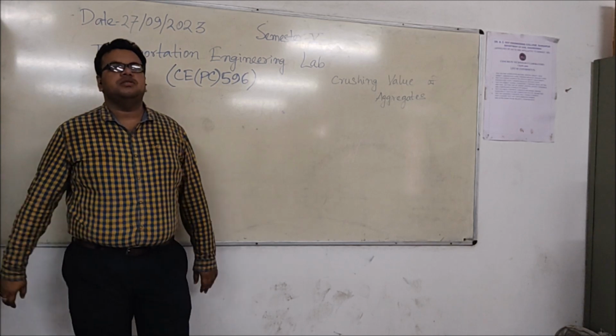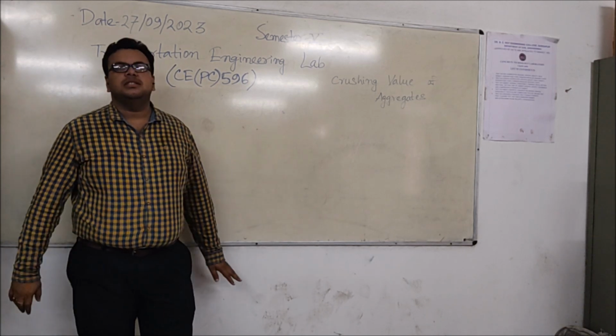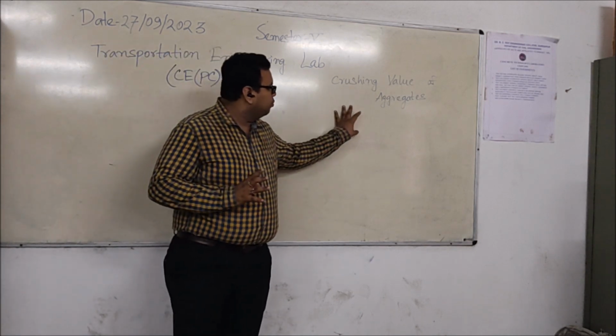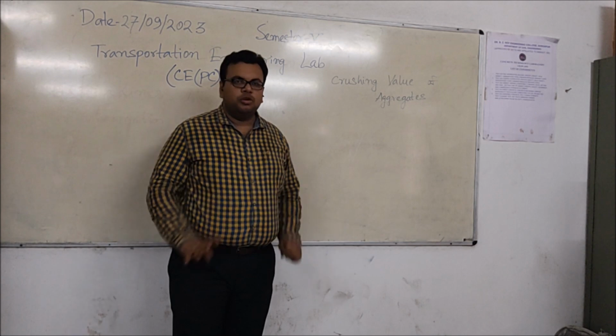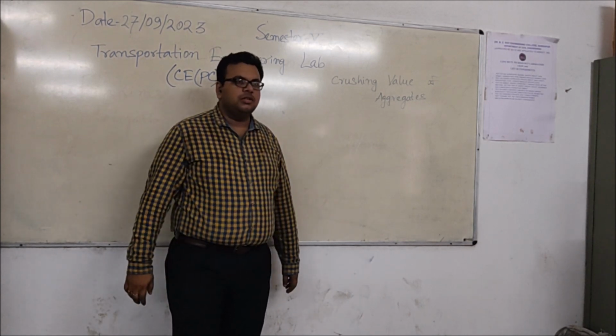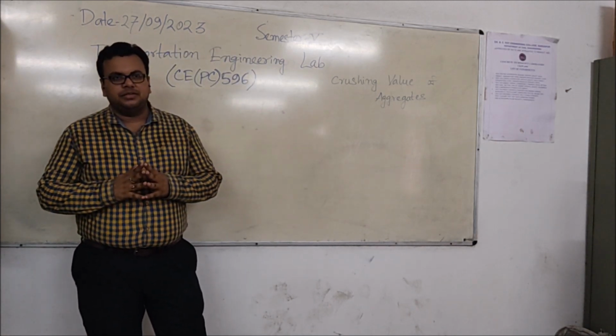Crushing value means some huge amount of load will be acting on the sample or the specimen. In order to do that, we have one mold with us. As in any other test, we will first oven dry the sample.